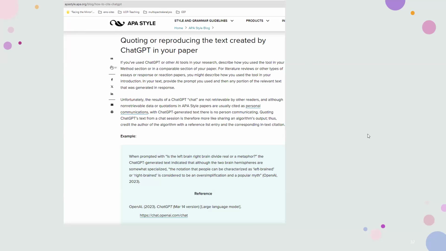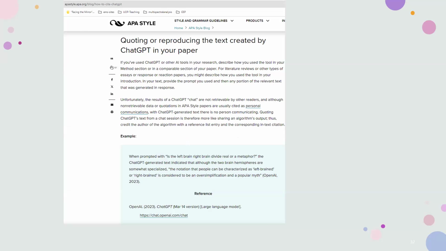For example, the American Psychological Association, the very famous APA, suggests this guideline. They are saying that if you have used ChatGPT or any other AI tools in your research, you have to describe how you used that tool in your method section. If you are using it for writing purposes, generally to improve your writing, the guideline is to acknowledge that you have used these tools to improve your writing.